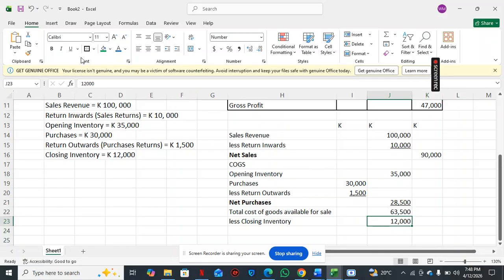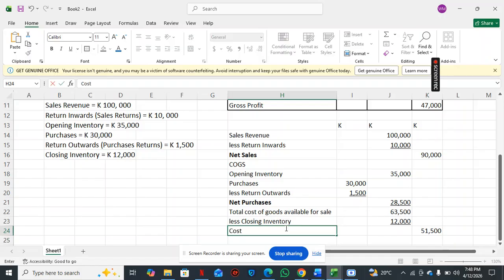So our cost of goods sold is our total cost of goods available for sale minus closing inventory. You get 51,500. This is our cost of goods sold.